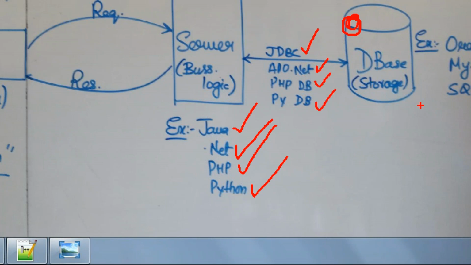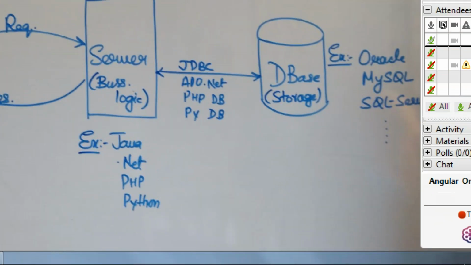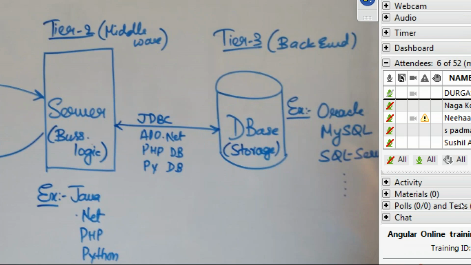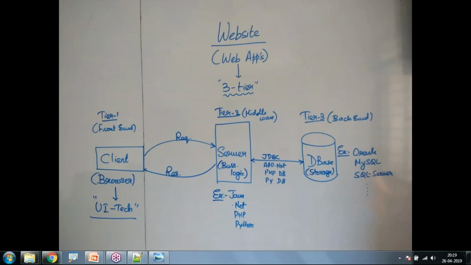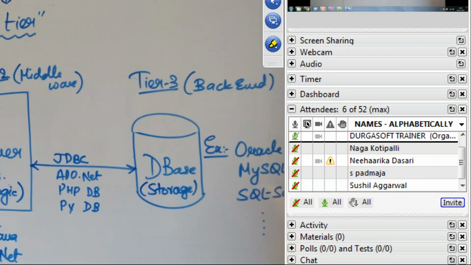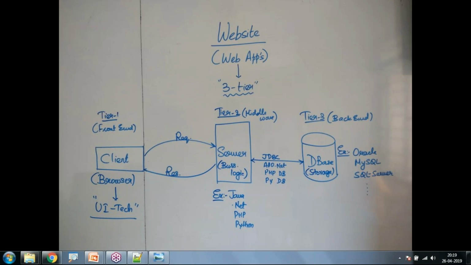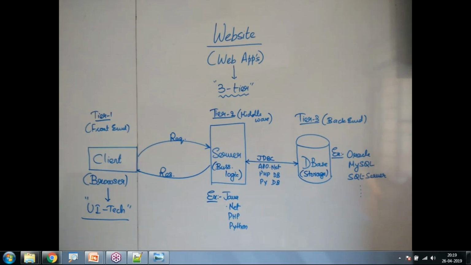The commonly used database systems are Oracle, MySQL, SQL Server, and DB2. These are technologies used to store data permanently, which is processed in our application.